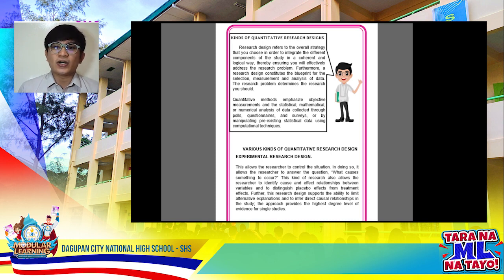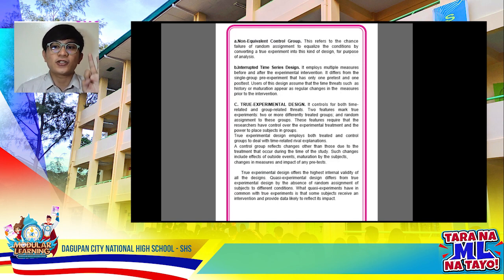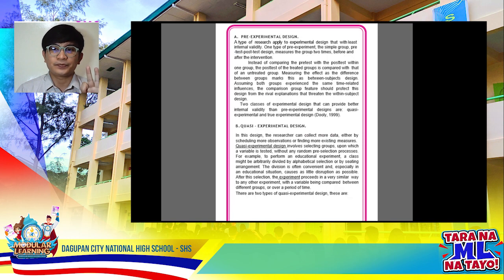So let's get to know what are those kinds of research design that fall under experimental research design. First, you have your pre-experimental design. Second, you also have the quasi-experimental design. And the third is the true experimental design.